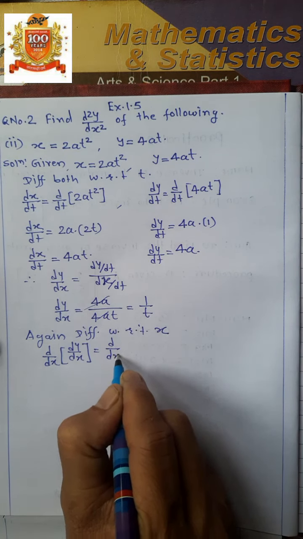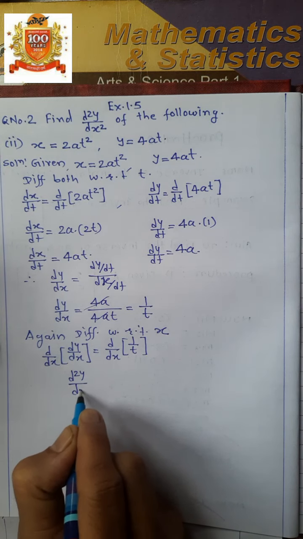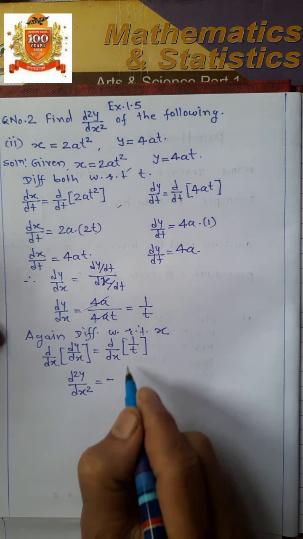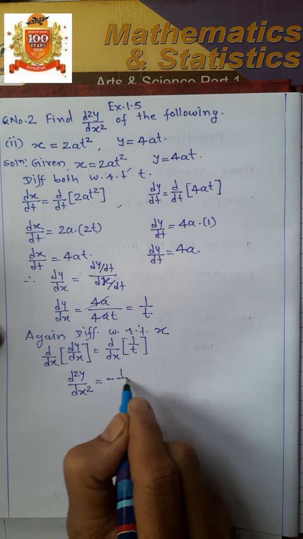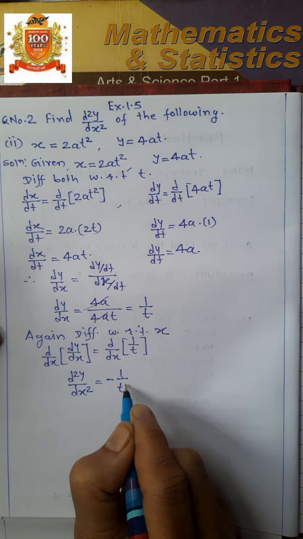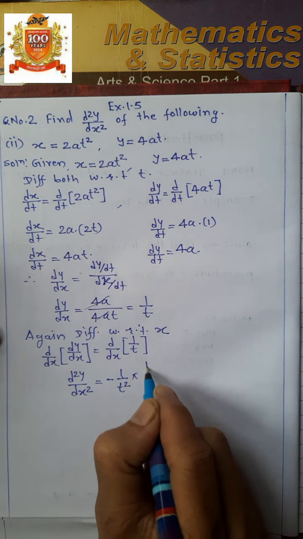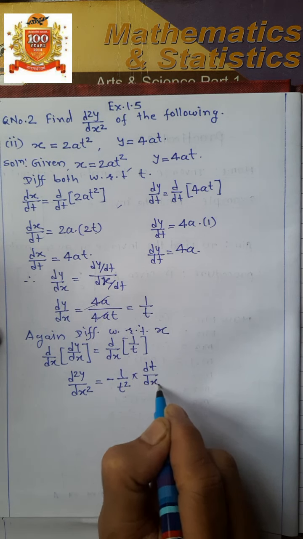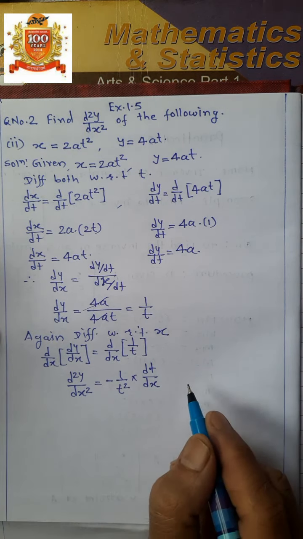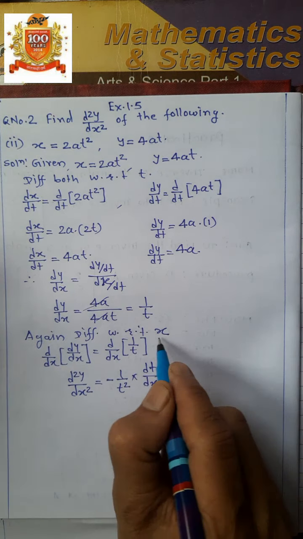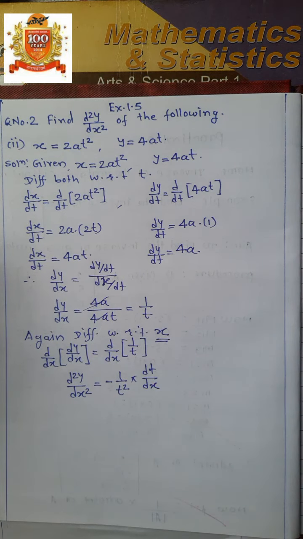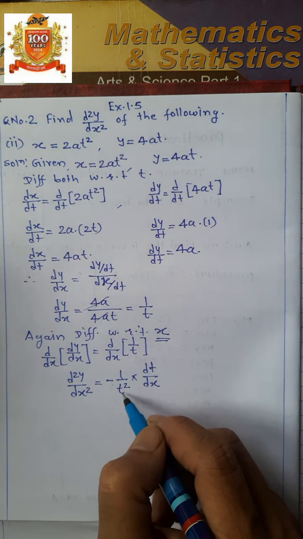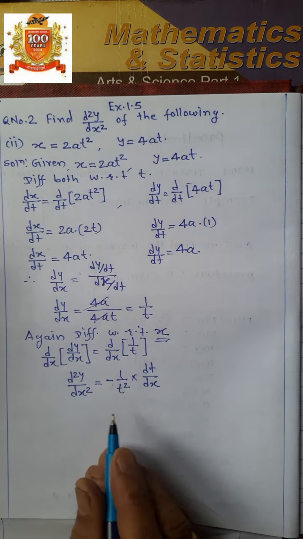Which is equal to d2y by dx square is equal to minus 1 upon t square into dt by dx, because we are differentiating here with respect to x. Therefore derivative of 1 upon t is minus 1 upon t square dt by dx, isn't it?